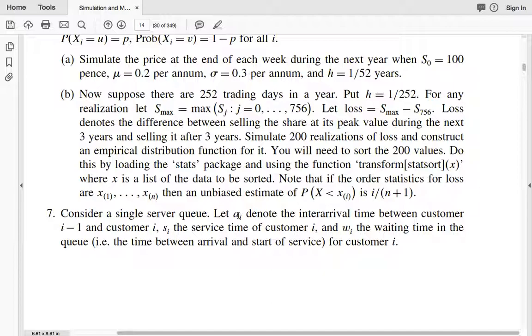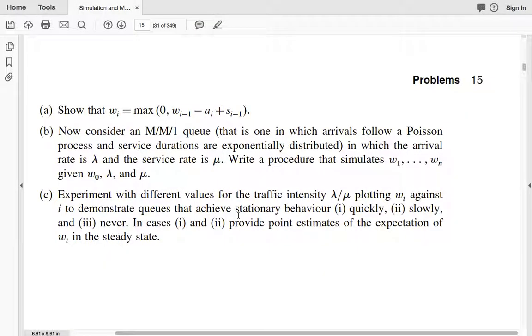and another person coming. To solve for this, we're first going to prove that each wait time is the maximum of 0, or, if the number on the right is positive, the wait time of the previous person minus the time between the two people arriving plus the service time of the person in front of them, if they're being served while the new customer is waiting.